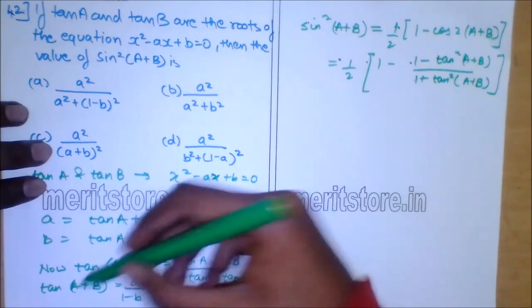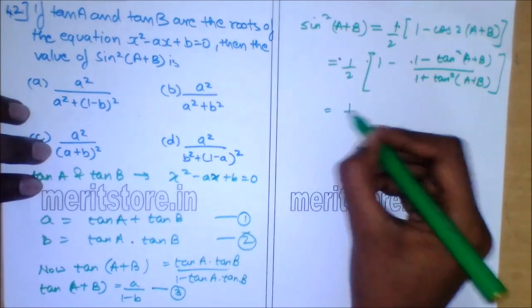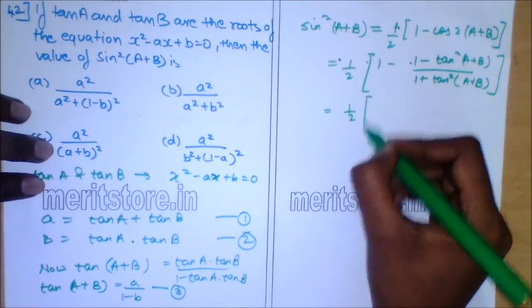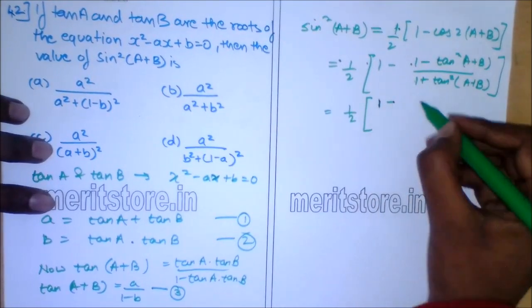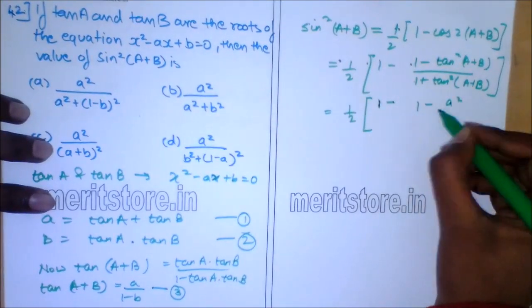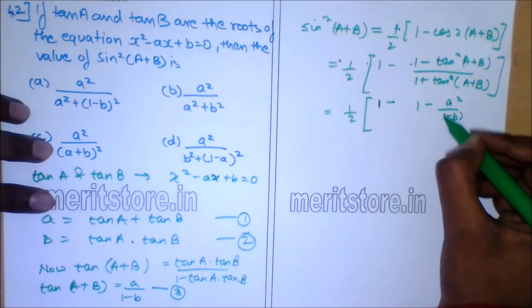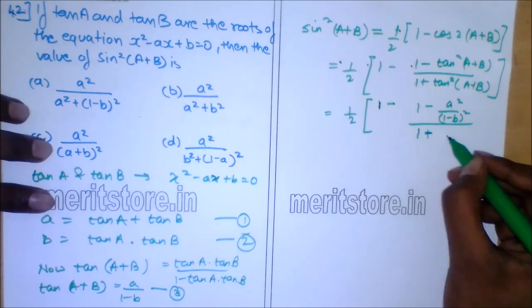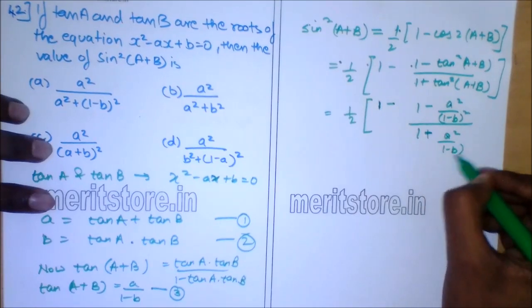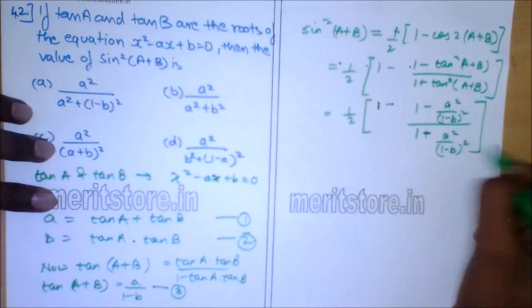So we know the value of tan of (A plus B). So we substitute the values, we get half into 1 minus 1 minus a square by 1 minus b the whole square, upon 1 plus a square upon 1 minus b the whole square.